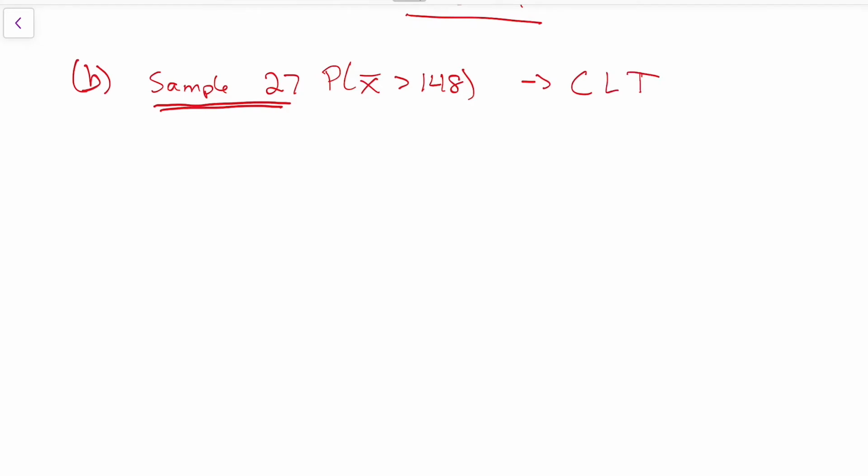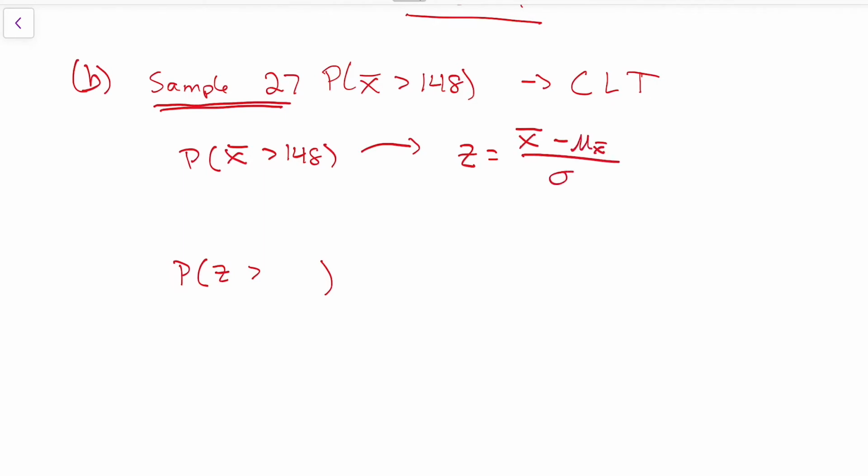And all that states is if I want to convert this probability of a mean weight of 148 pounds to some standard being greater than some z-score, I can't use my original z-score formula. I use the central limit theorem version of our z-score, right? Where mu of the average is the original mu, and the standard deviation of my sampling is the original standard deviation divided by the square root of n.